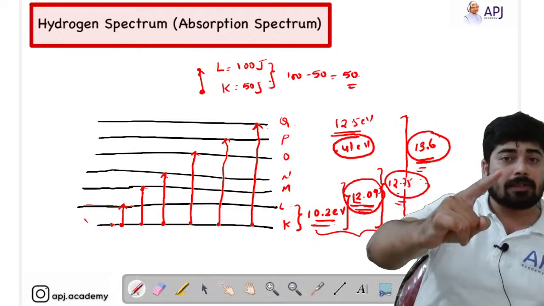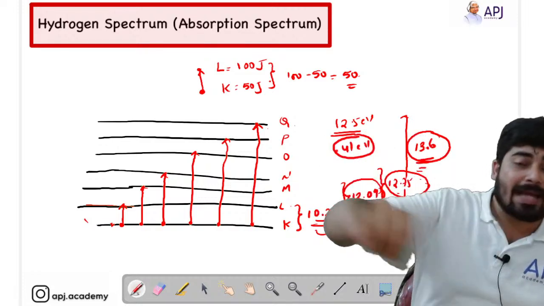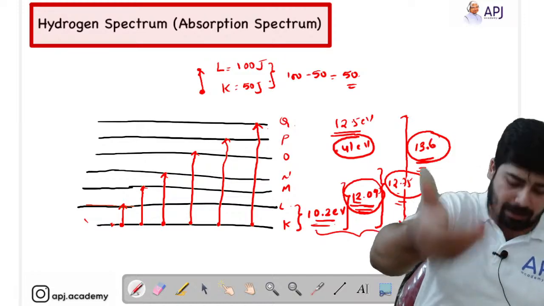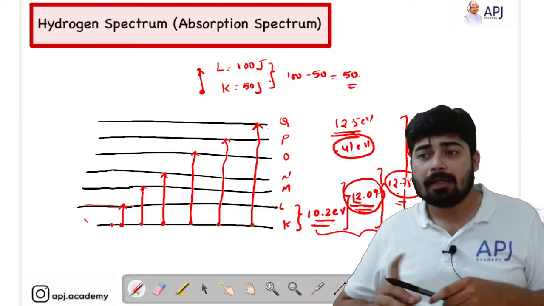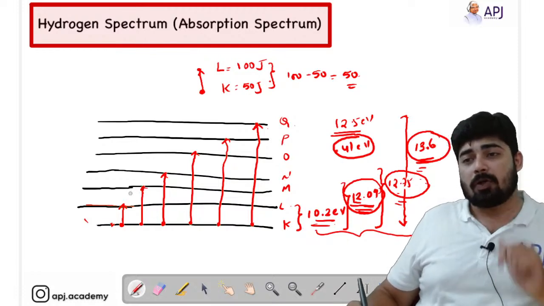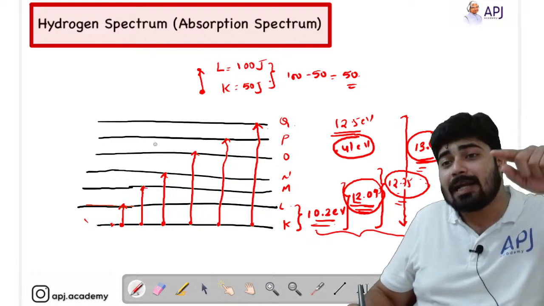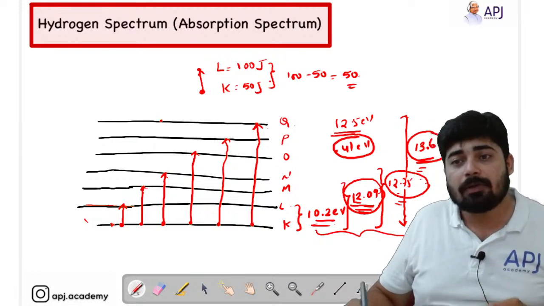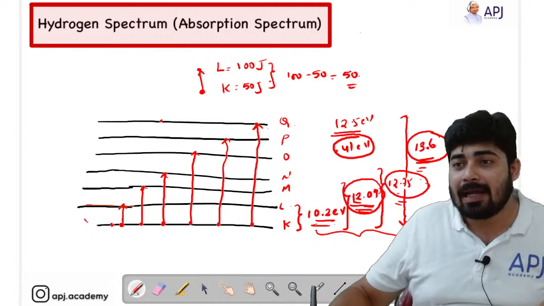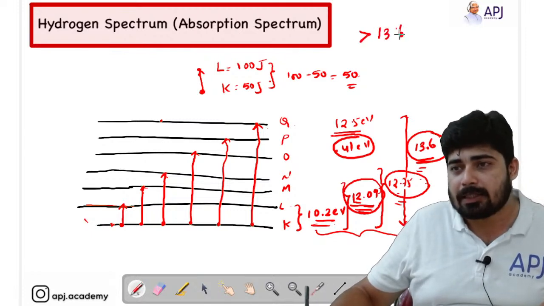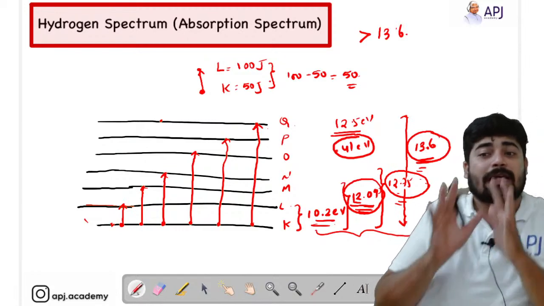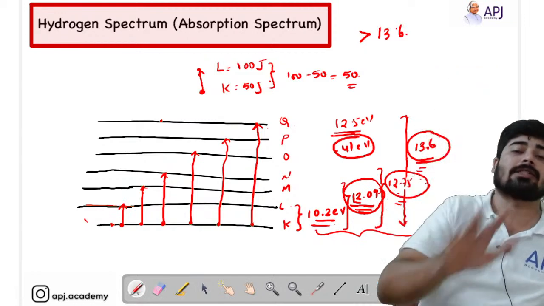They excite to the third orbit, and they use the remaining energy of that photon as kinetic energy. Now here you have to understand, if I provide 13.6 electron volt, then the electron will excite to the 7th shell. If I am providing an energy greater than 13.6, then the electron will move out of the atom, because we consider the 7th shell as the last shell.